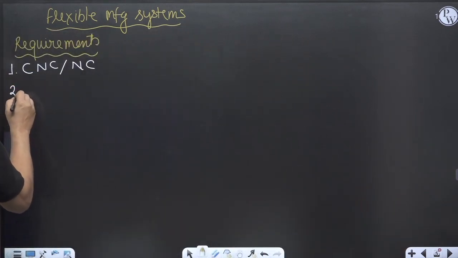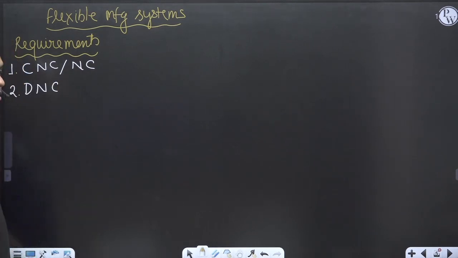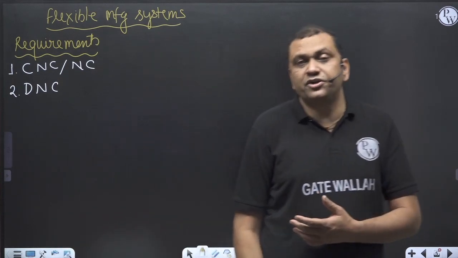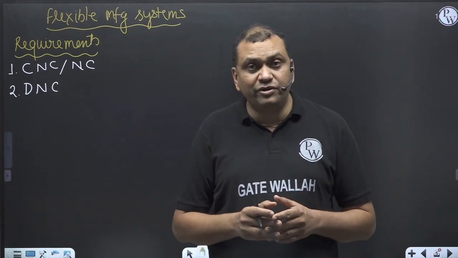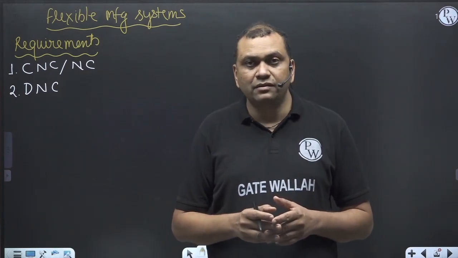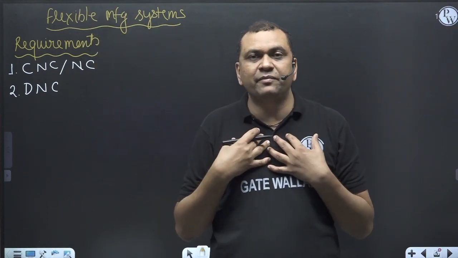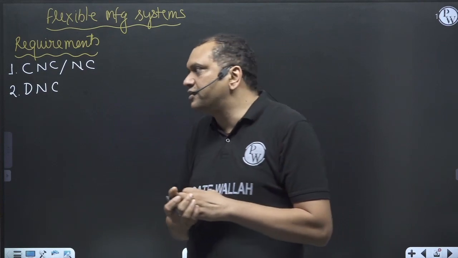Second, there has to be a DNC system, direct numerical control or distributed numerical control. The DNC system is a mainframe computer, and everything in the plant is connected to this mainframe computer.